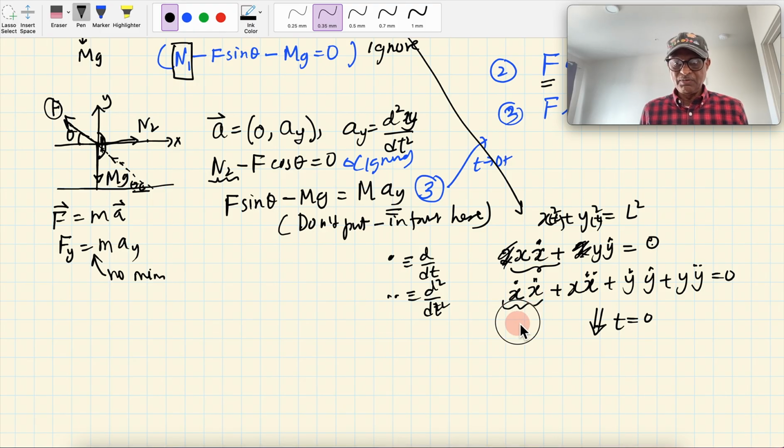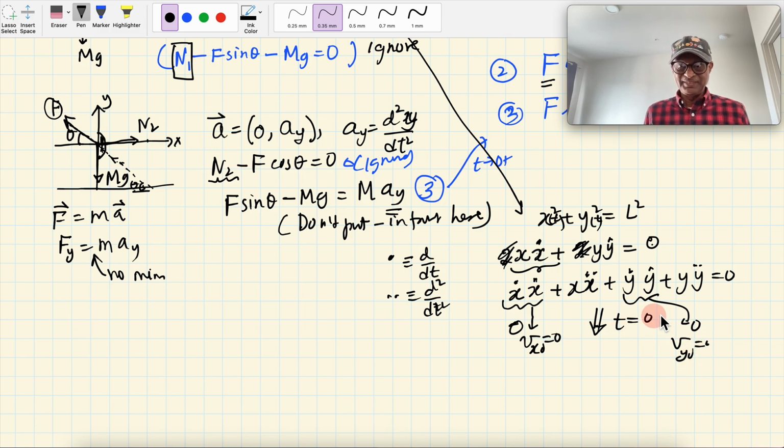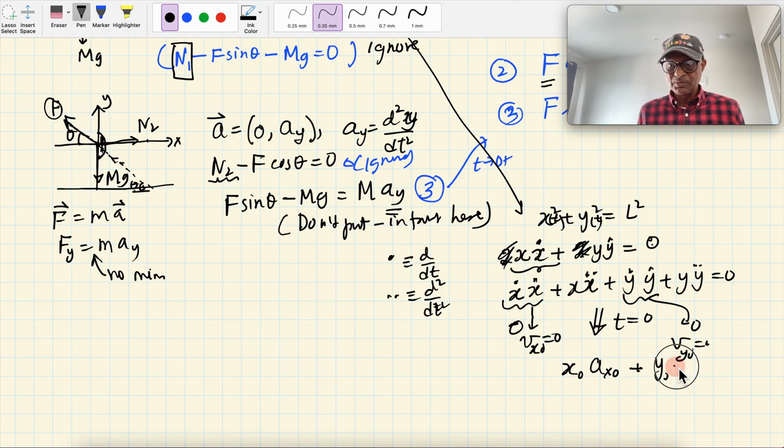This derivative is going to be 0 at time 0, so this is basically v x0 is 0, and the same thing is 0 because v y0 is 0. So these will be, wherever it is at x0, a x0 plus y0, a y0 equals 0.